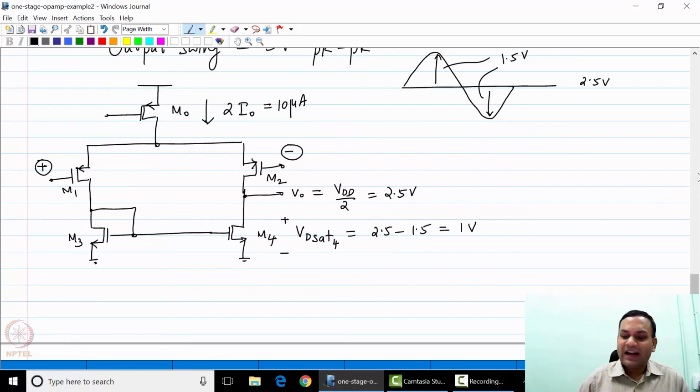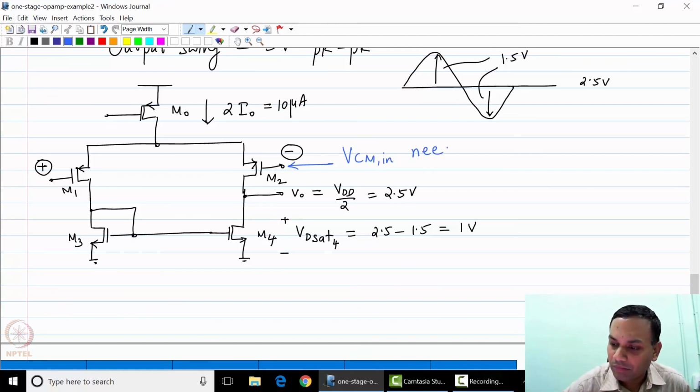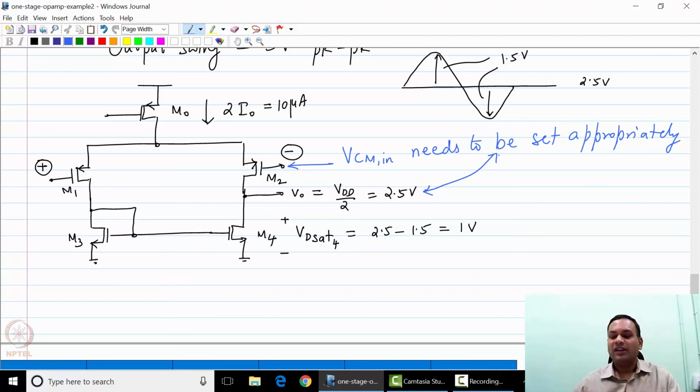Finally, we have to ensure that if V0 needs to be easily biased at 2.5, VCM in needs to be biased appropriately, so that the output can be set to 2.5 volts.